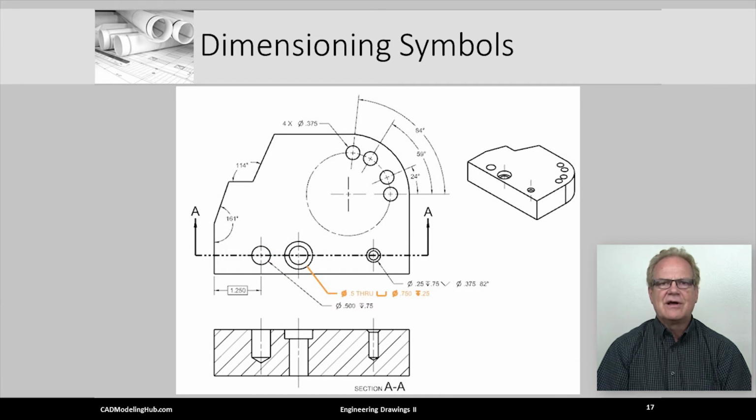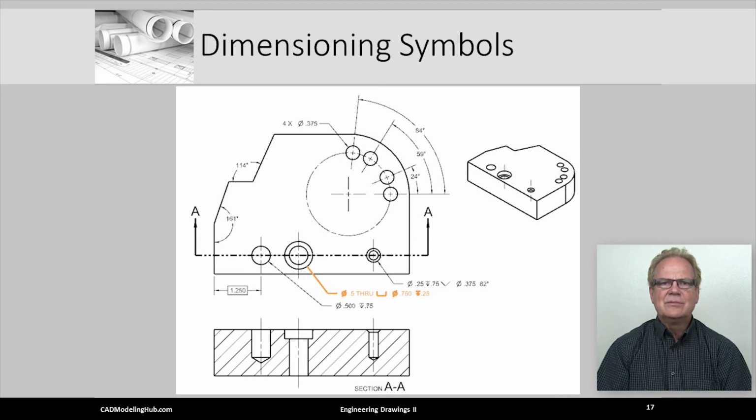Notice this highlighted dimension's leader is pointed to the outside circle of the compound hole. Reading from left to right on the annotation, we see that the inside hole has a diameter of 1/2 inch and it goes through the part.